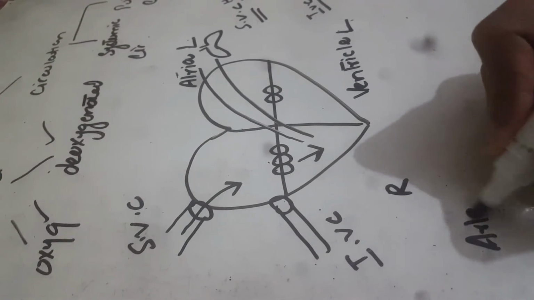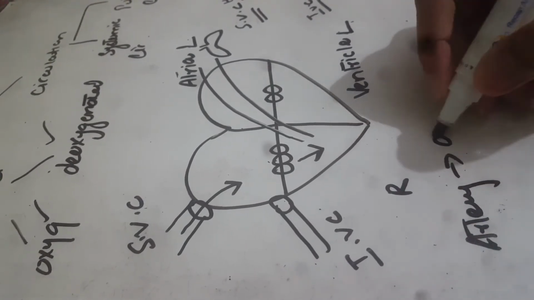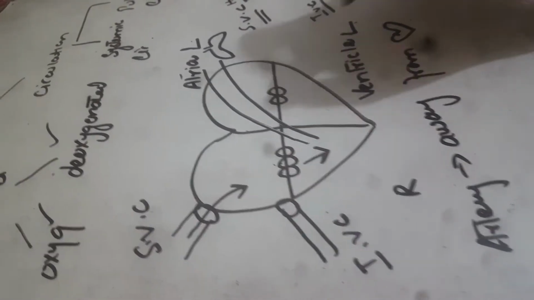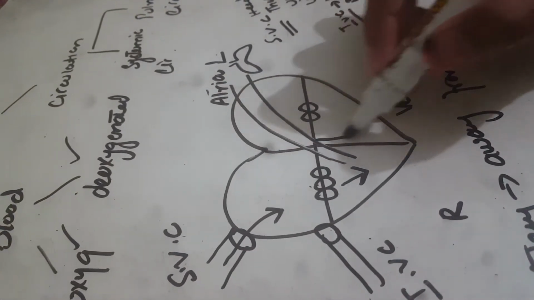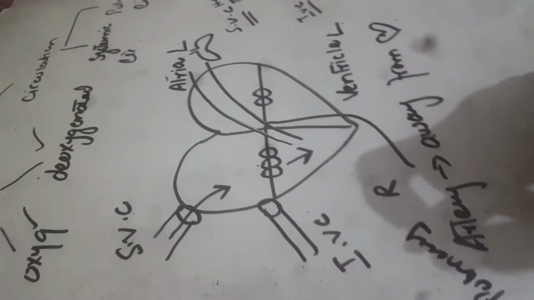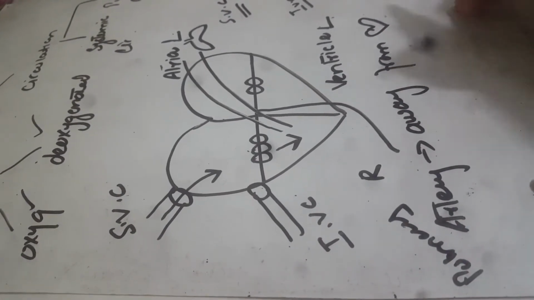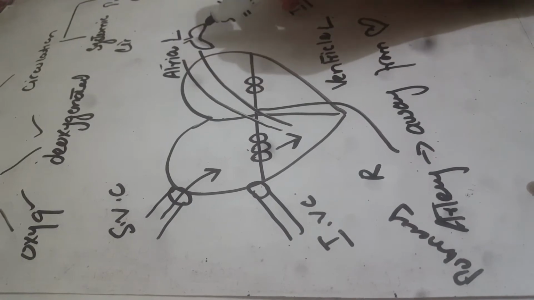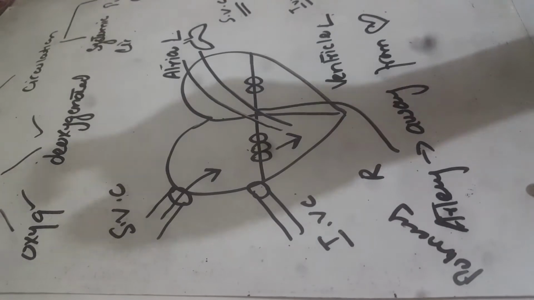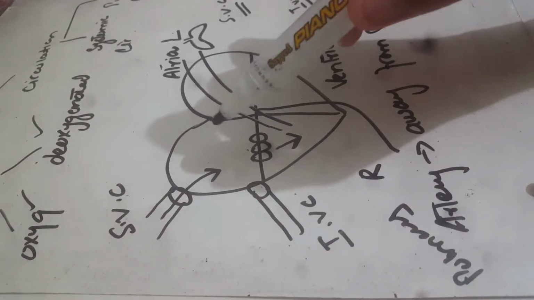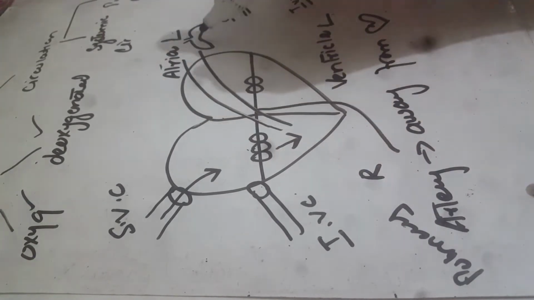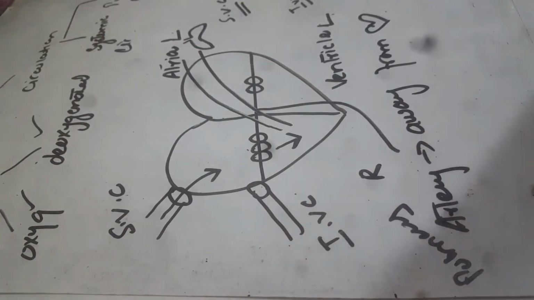An artery is the one that carries blood away from the heart. It takes blood away from the heart to the lungs for oxygenation, as it is deoxygenated blood. Deoxygenated blood always comes to the right side of the heart, from the right atrium to the right ventricle, via the pulmonary artery into the lungs.